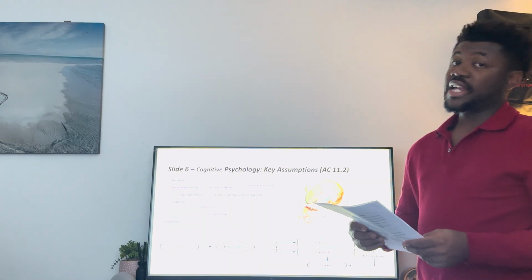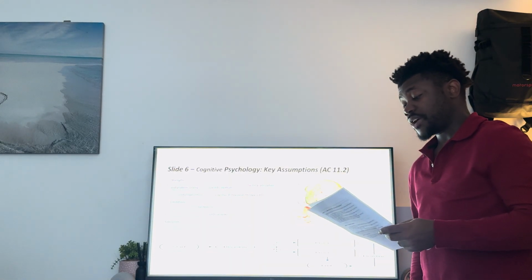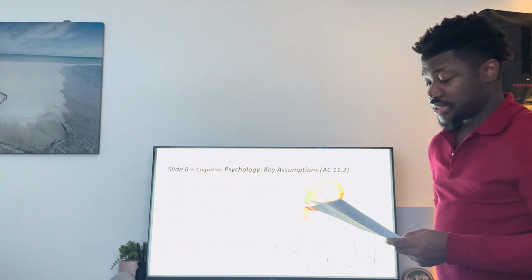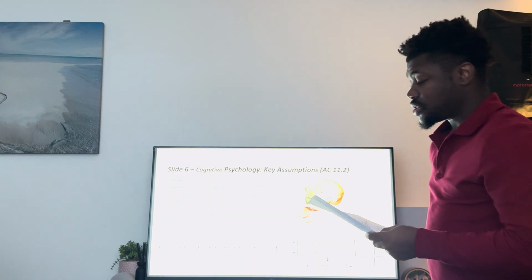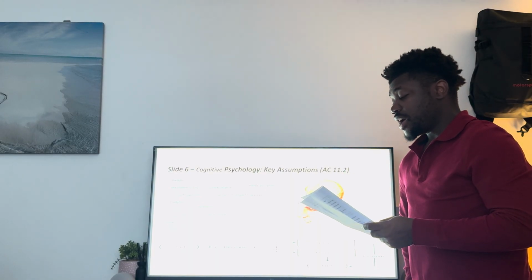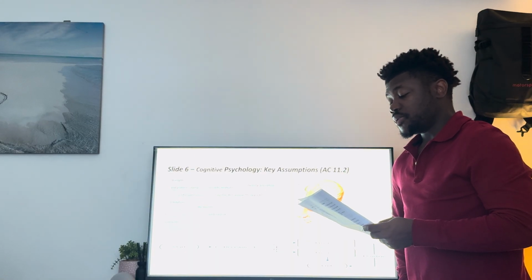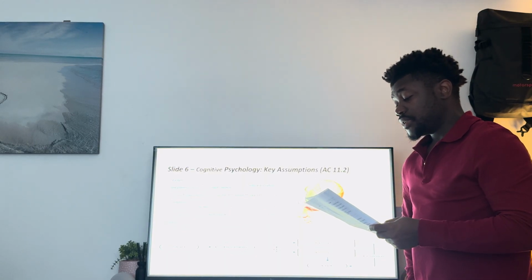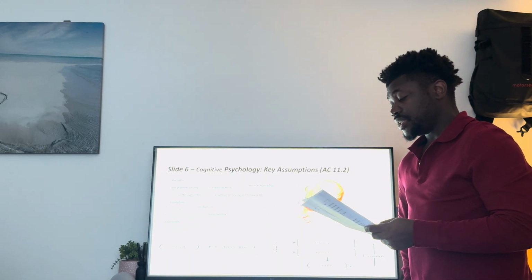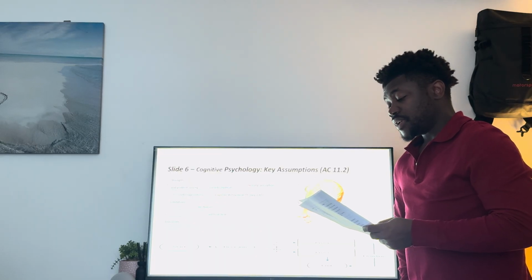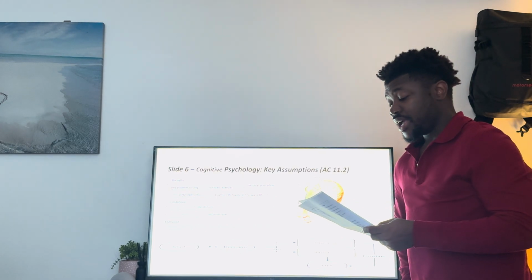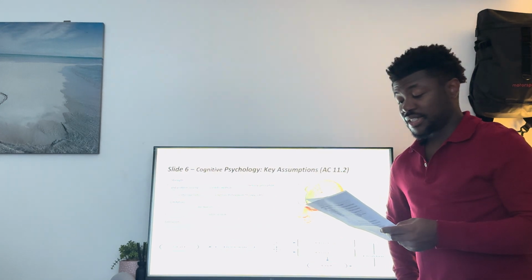Now we move on to the next slide, which is slide 6, which is cognitive psychology and the key evaluation of assumptions. Cognitive psychology focuses on internal processing and provides a deeper understanding of how people think and learn. It uses scientific methods including experiments and brain imaging to study mental function objectively. This has led to practical implications such as cognitive behavioral therapy, which is CBT, and also improvement in education.